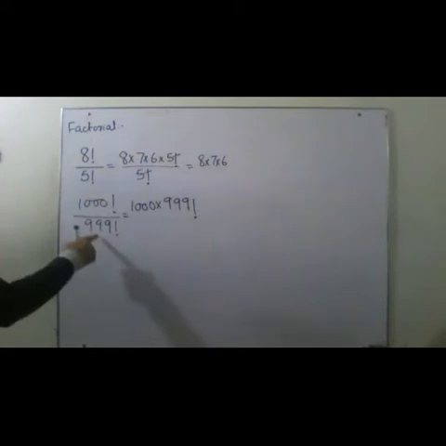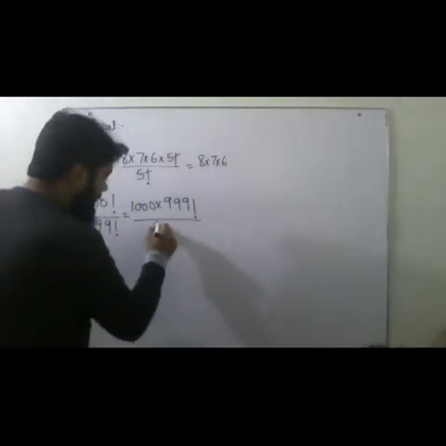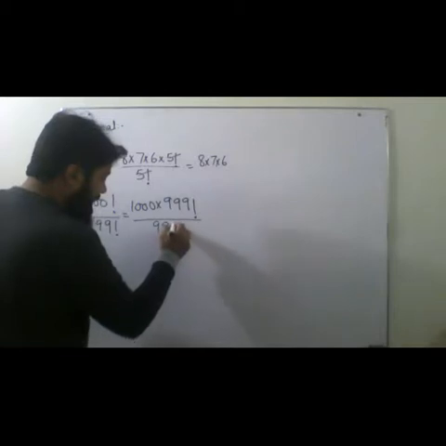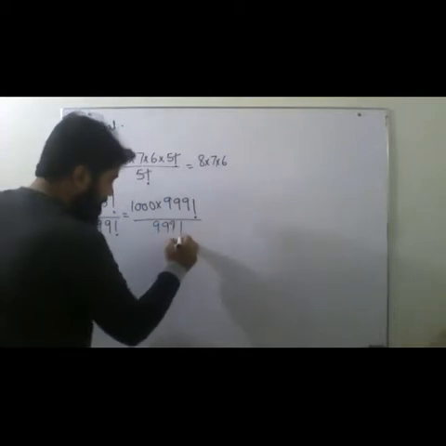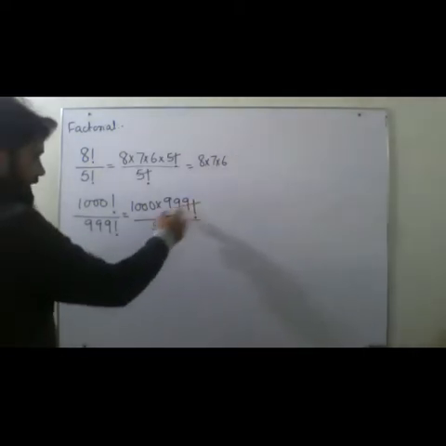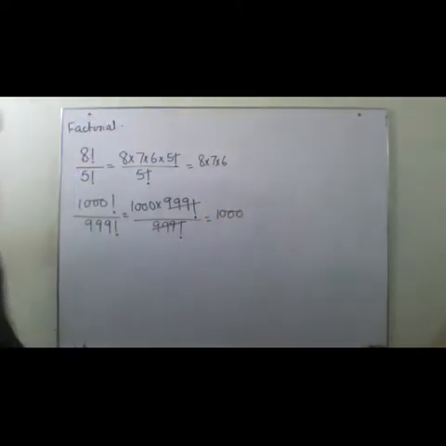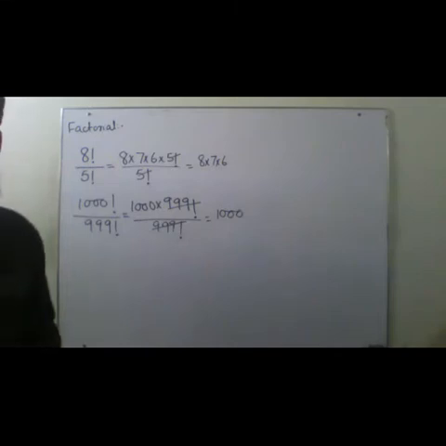Because I can see that this is also 999 factorial. So I have stopped there, and cancelling these two, my final answer will be directly equal to 1000.